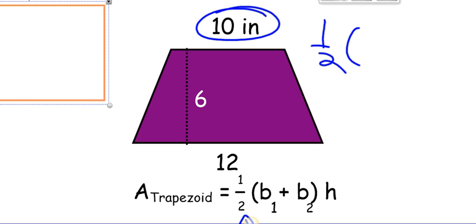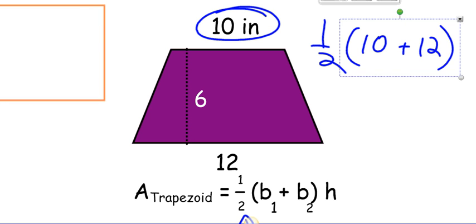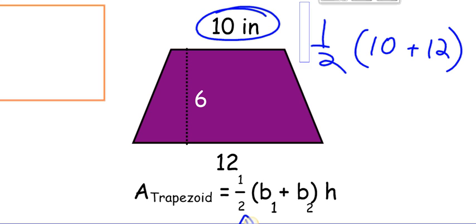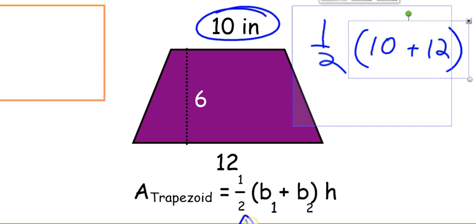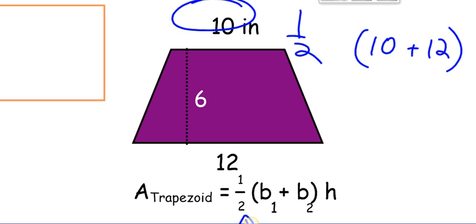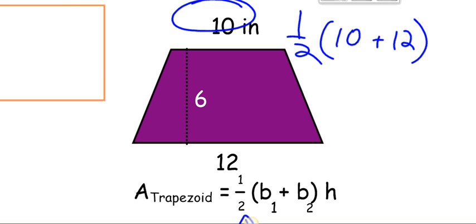Base 1, we're going to say is 10 in this case. Base 2, we're going to say is 12. We're going to add those two together, and then multiply by our height, which we see here is 6.